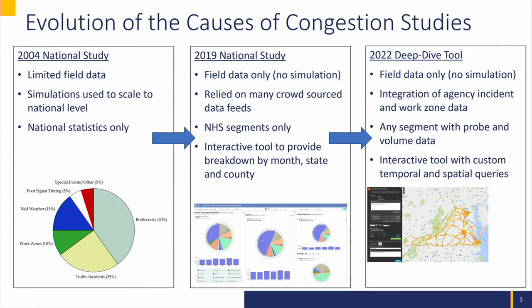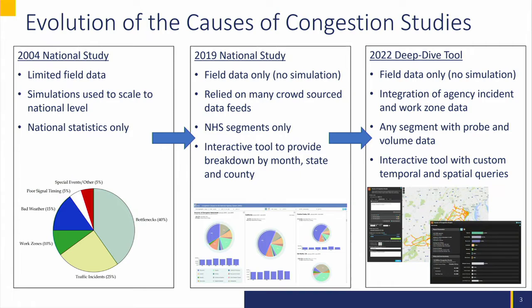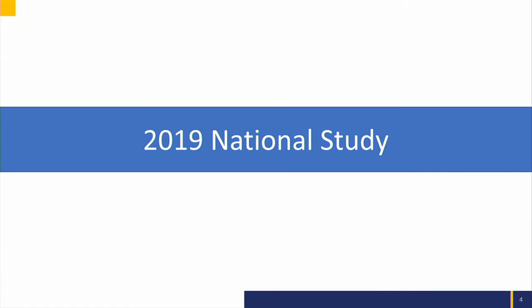Some of the states ponied up some money and asked us to develop this tool, which we recently completed this summer, and we'll continue updating with new data as it comes in. I'll demo this one as well, and this is what the interface looks like. You do a custom road selection, and then you get some outputs, in one of our tools.